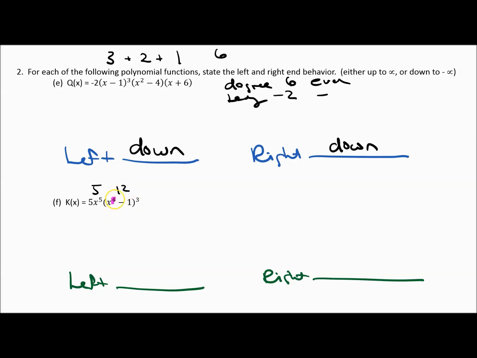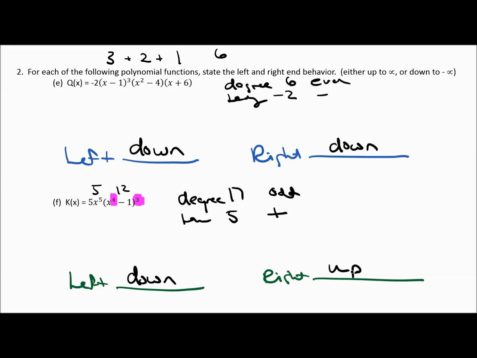Whenever you have a power raised to another power, you actually multiply those values together to get 12, and then you add when you multiply bases. So 5 plus 12 gives me a degree of 17 and a leading coefficient of 5. So you're talking an odd degree with a positive leading coefficient, which means the left side is pointing downward and the right side is pointing upward.